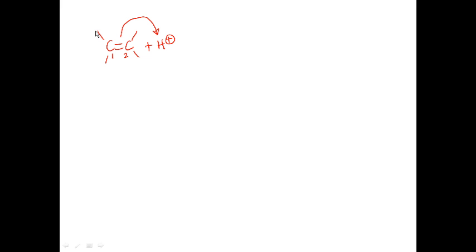In this case, I'm not using a specific alkene, so we'll consider them to be the same. So if I attach the hydrogen to carbon 1, what's going to happen to carbon 2? Well, carbon 2 kind of gets the shaft here because its pair of electrons have been used to bond the H+. And so therefore that carbon is going to become a carbocation. And so I've changed the nucleophile of the double bond into now a carbocation intermediate.